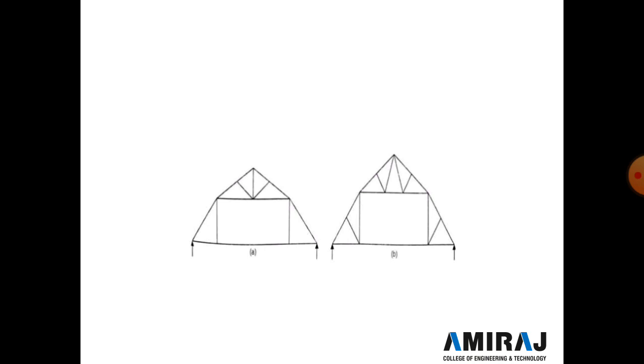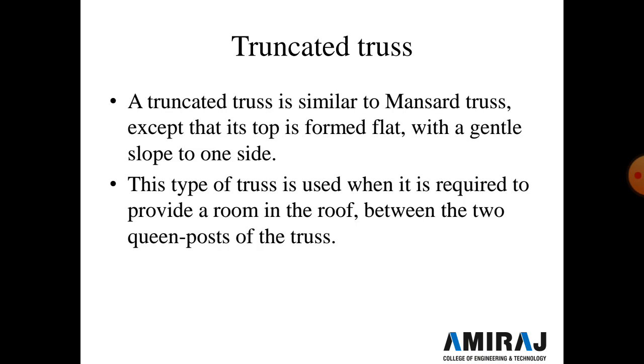It looks like a combination of the king post and queen post truss. Here two vertical queen posts are provided, and above the queen posts and beside them a king post is provided.